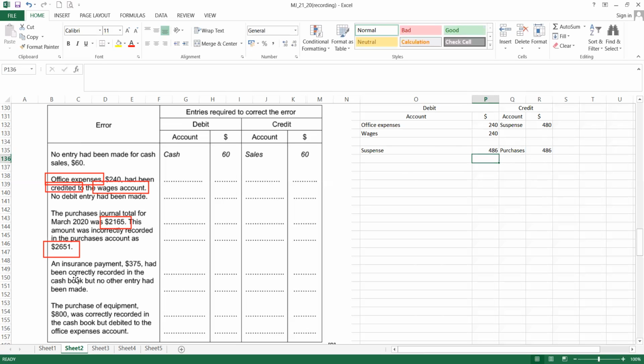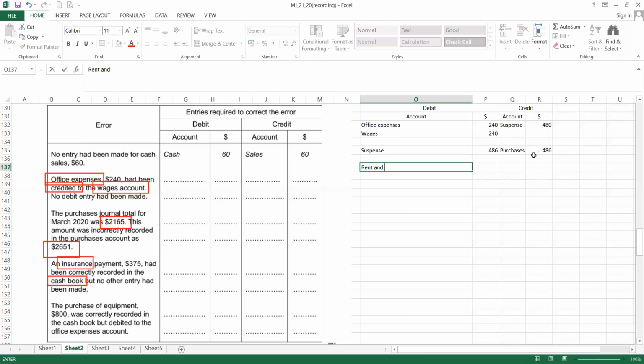Okay, the others, number 3. An insurance payment 375 has been correctly recorded in the cash book, but no other entry has been made. That means the insurance account omitted. Cash book correct. So you don't go and touch the cash book because the cash book is correct. That means the credit side is correct. Debit side is omitted. So insurance is an expense, on the debit side.